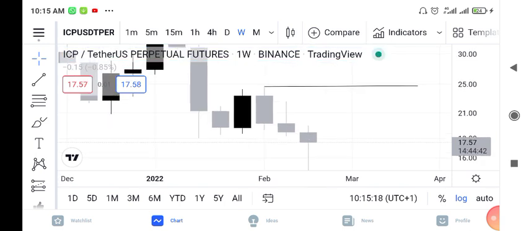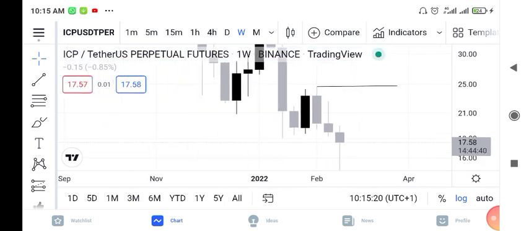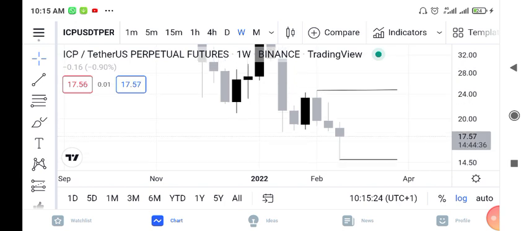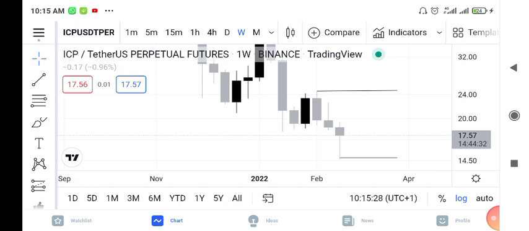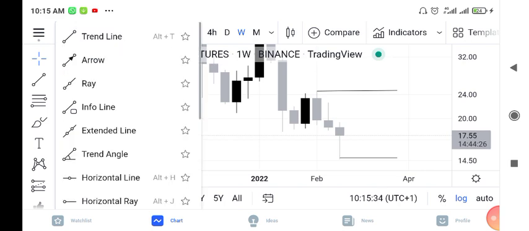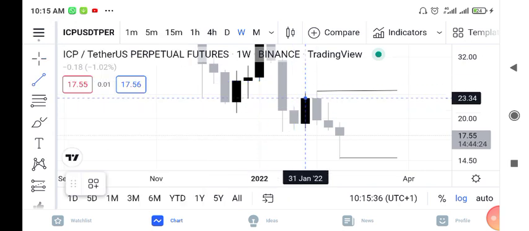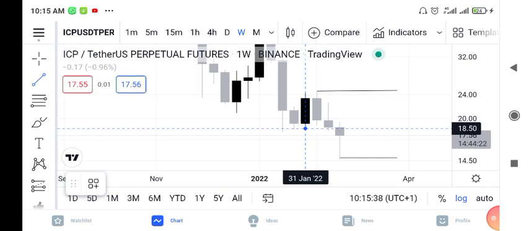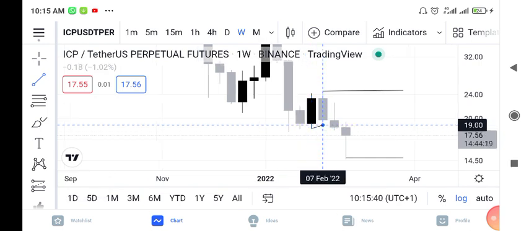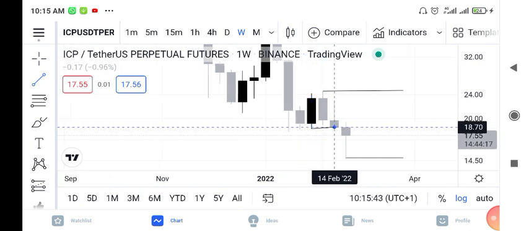We'll know whether to buy or sell depending on the breaks of structure, depending on where price moves to next. So now that's for the weekly time frame. This is the structure that was broken right here.